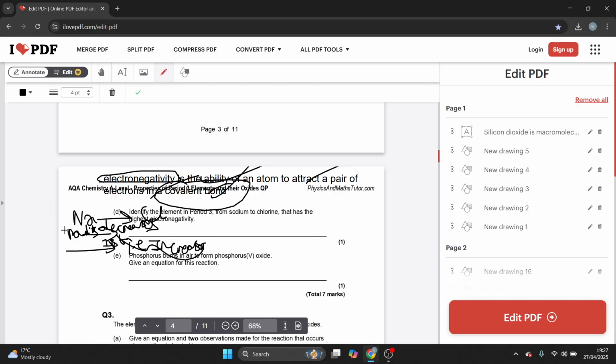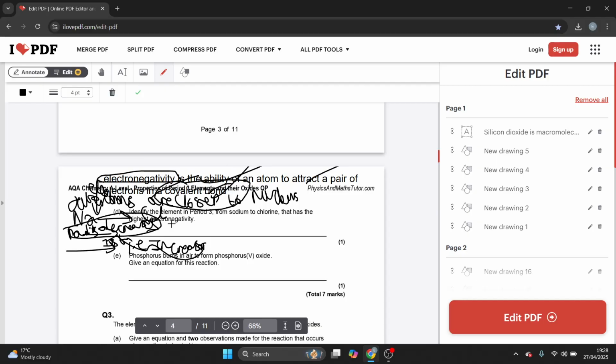This part's really relevant: if the atomic radius decreases, outer electrons are closer to the nucleus, so there is a strong attraction, and therefore a high electronegativity to attract the pair of electrons in the covalent bond.